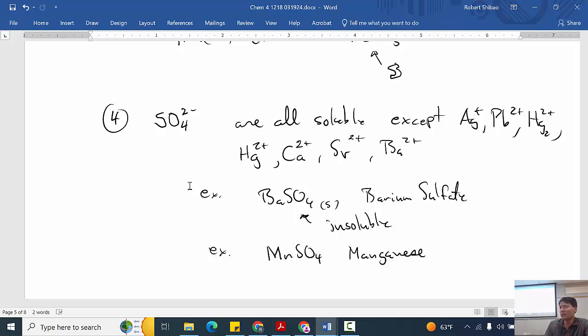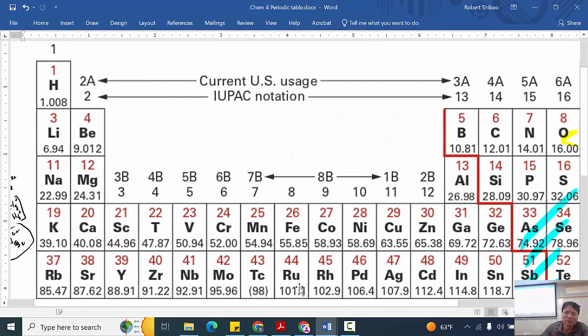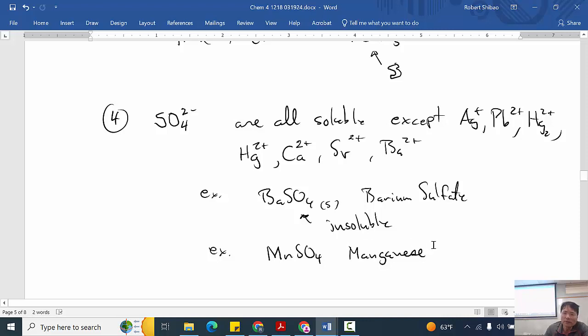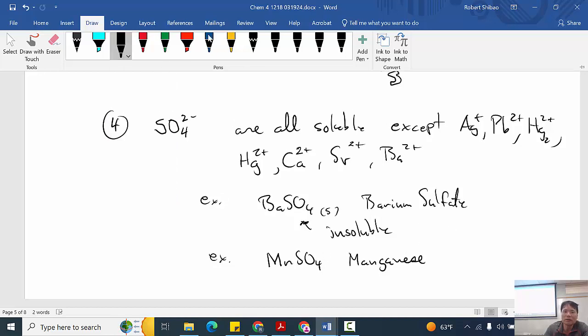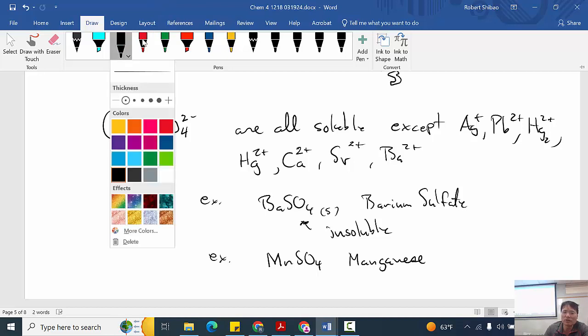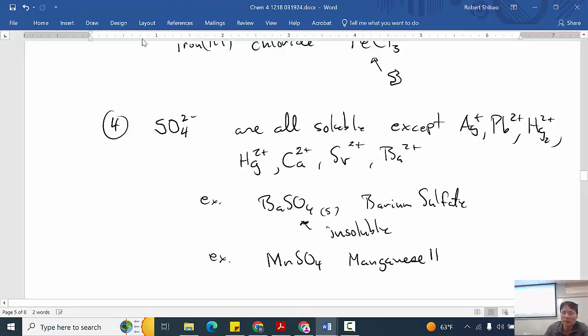What are the common charges of manganese? Look where it's located on the periodic table. So which one is it, the +3 or the +2? We have to designate which one it is. Otherwise we have to use the rules for binary molecular compounds. If we don't tell what the charge is, then we don't know how many sulfates are on there. It's got to be a manganese 2 sulfate.